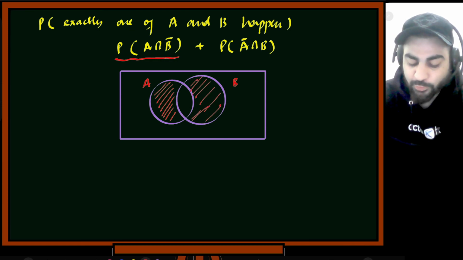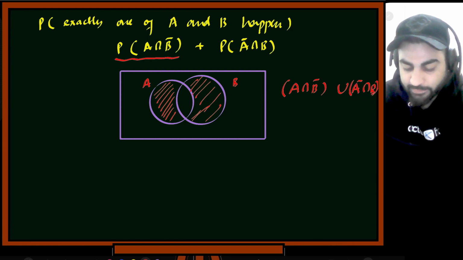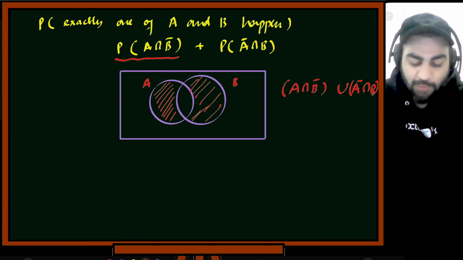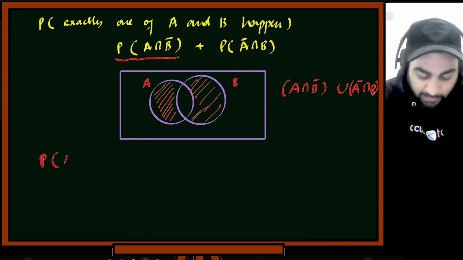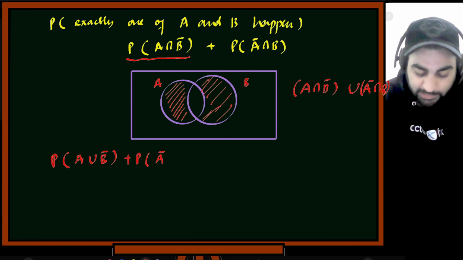This red portion is A intersection B complement union A complement intersection B. That's what we are computing the probability of. Now how do we compute the formula for this? The probability of A intersection B complement plus the probability of A complement intersection B.